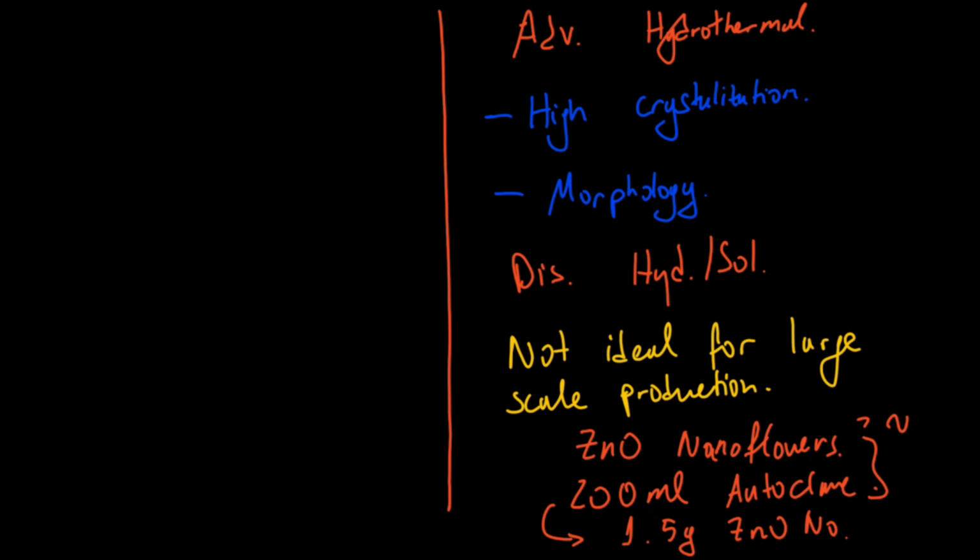It takes around 2 days. I'm preparing the precursor solution, and this preparation takes around 4 hours. After 4 hours, I put it into the autoclave and it takes 24 hours. I cool it, and at the end of the 2 days, I could just synthesize 1.5 grams of zinc oxide nanoflower. So it is not an easy process, but this is the situation.